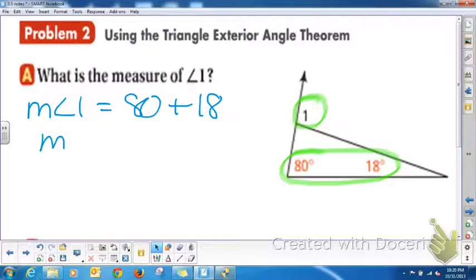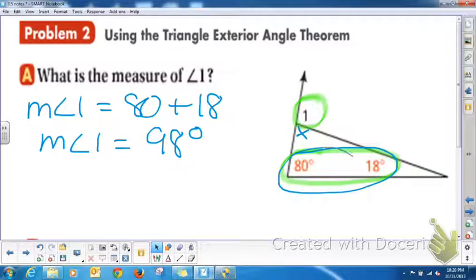So the measure of angle 1 is going to be 98 degrees. The exterior angle theorem says that the exterior angle of any triangle is equal to the sum of the two non-adjacent interior angles. So not the one that's right next door, but the two that are not next to it. Them added together equals the one on the outside.